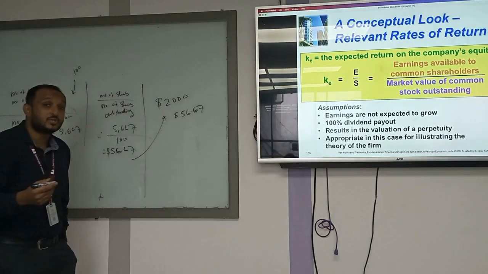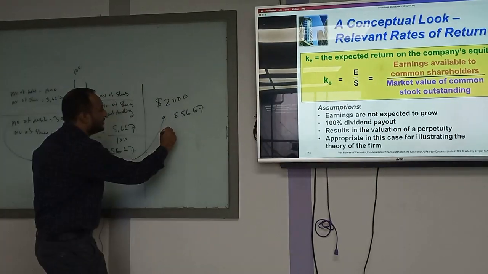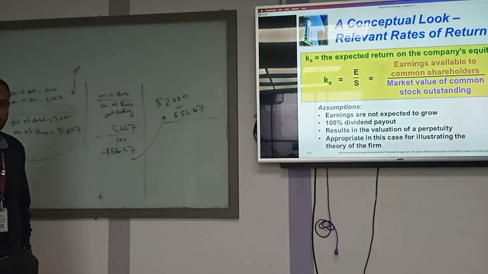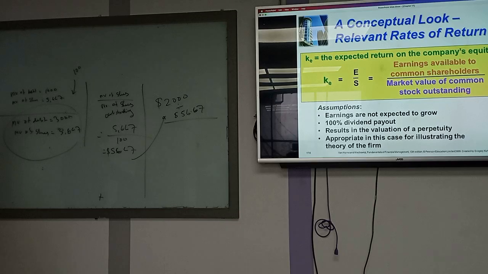এক বাই শেয়ার প্রাইস কত ছিল? 56.67. সো কতগুলো শেয়ার আমি কিনলাম মার্কেট থেকে? জাস্ট ডিভাইডেড বাই দিস, কত দেখেন তো? 2000 divided by 56.67.